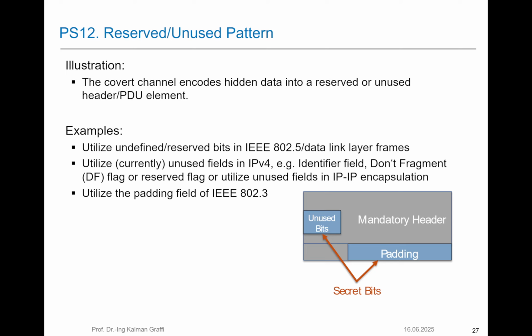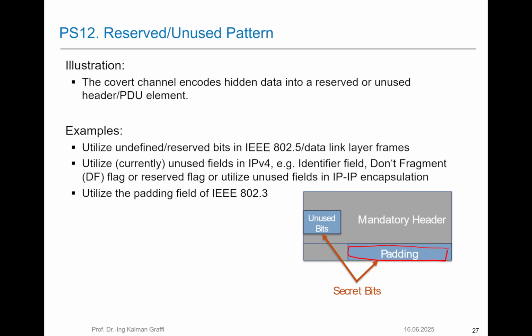You can now insert your hidden information in these fields, because everything that is padding and announced as not used is not interpreted by the protocol stack. So typically any regular user would not look at these bytes. But if you know there's some information hidden, you can look into it and analyze it.